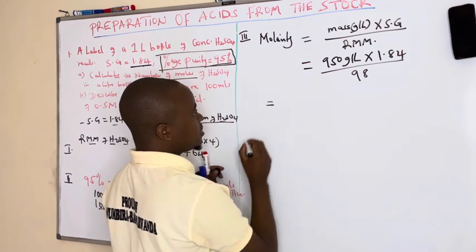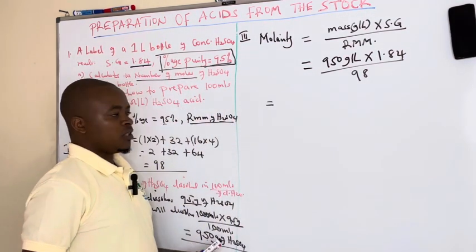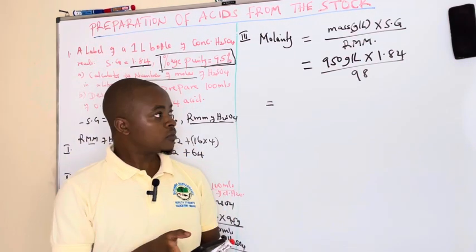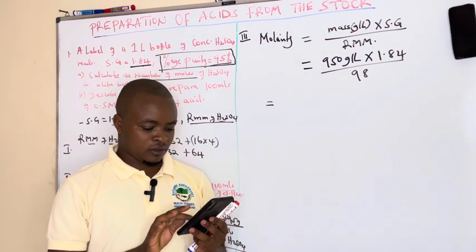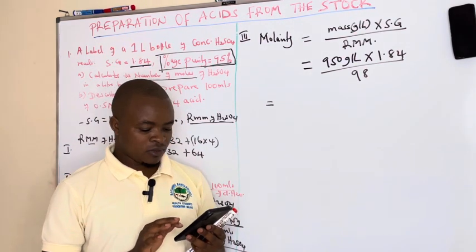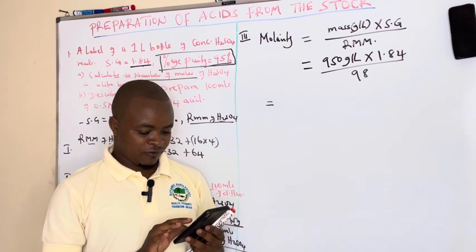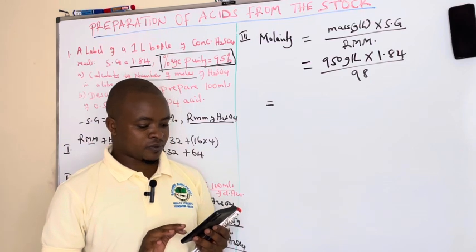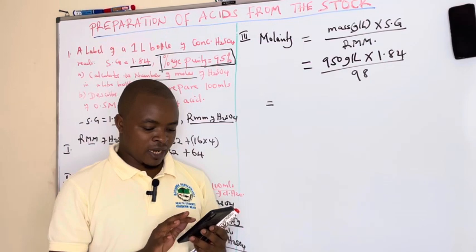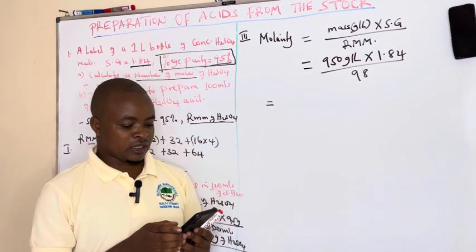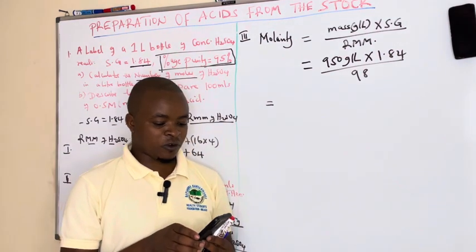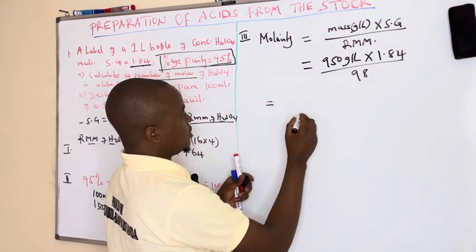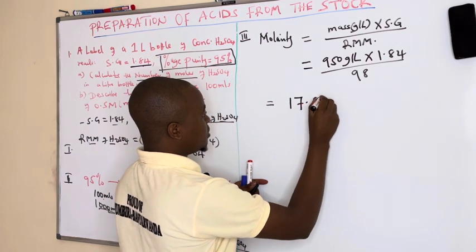And at the end, if we calculate together, we multiply 950 times 1.84, then divide by 98, and we get 17.84.